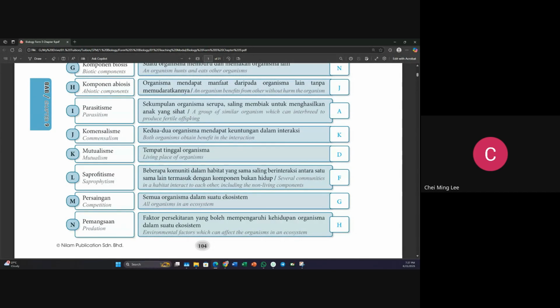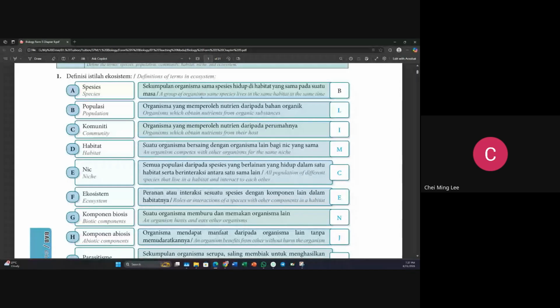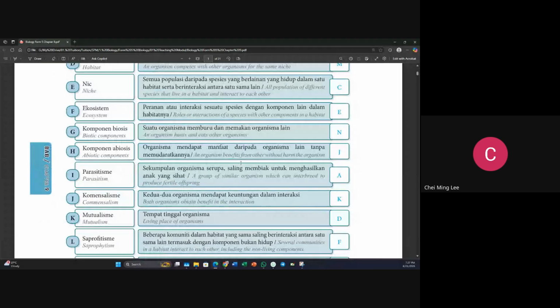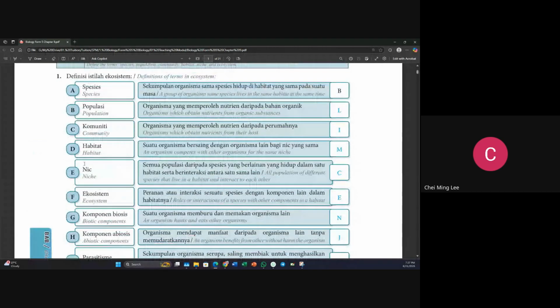Then for population, it is a group of organisms of the same species living in the same habitat at the same time. Community is all the populations of different species that live in a habitat and interact with each other. Habitat is the living place of an organism. Niche is the role or interaction of a species with other components in the habitat.